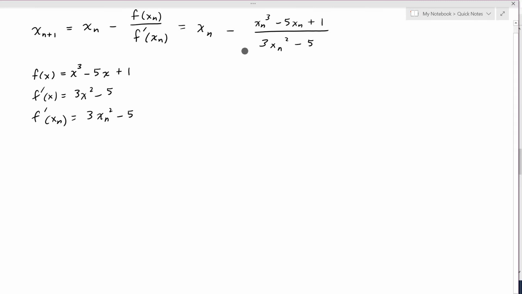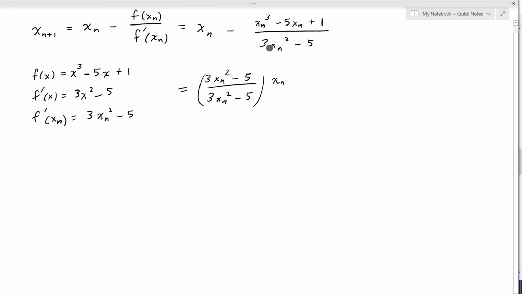Now, it may be nice to have a common denominator so we can simplify this. So I'm going to go ahead and multiply x sub n by 3x sub n squared minus 5 divided by itself. Notice that's equal to 1.